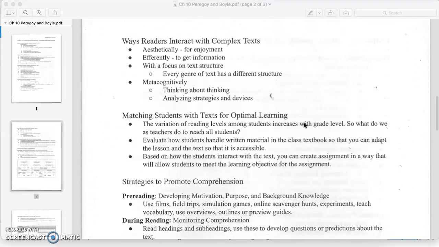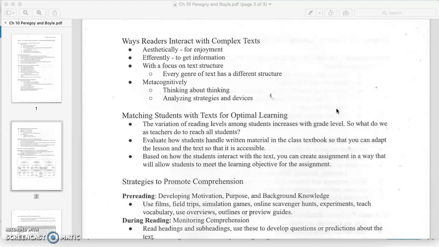And ways that readers interact with complex text. There's two types of reading. There's aesthetically, which is for enjoyment, and then there's efferently, which is informational text. And so with a focus on text structure, every genre of text has a different structure, and it's important for students to be able to identify the different types of genres, and differentiate how the structures are formed together, if it's a poem or a speech or a persuasive essay or a narrative.